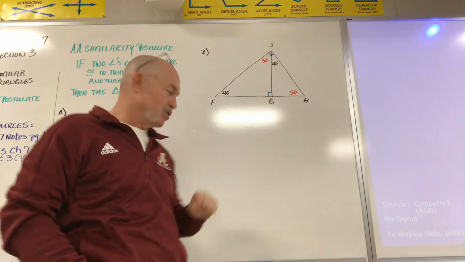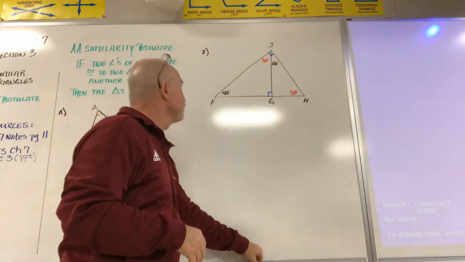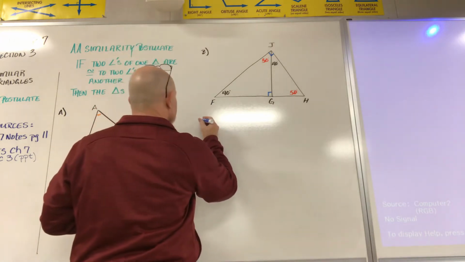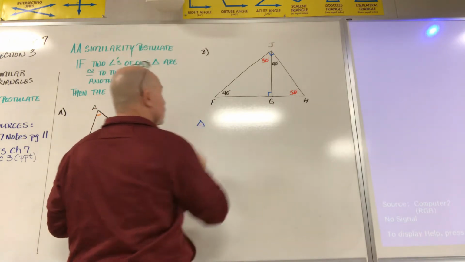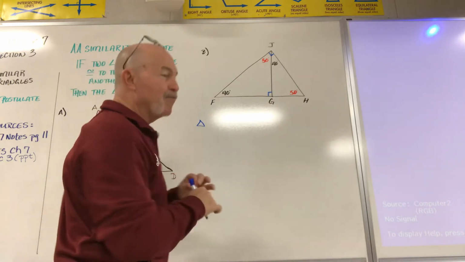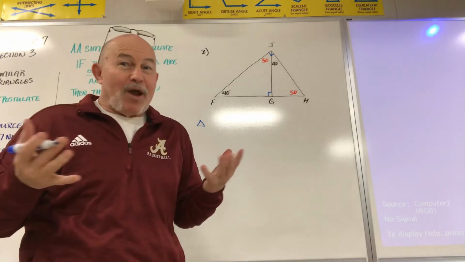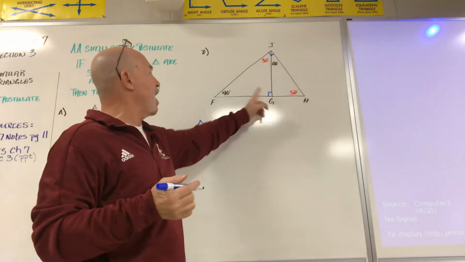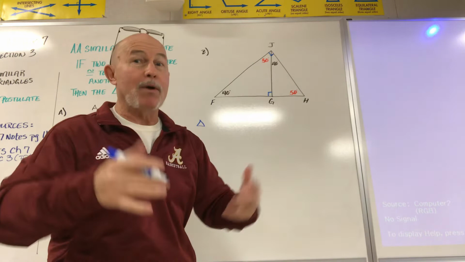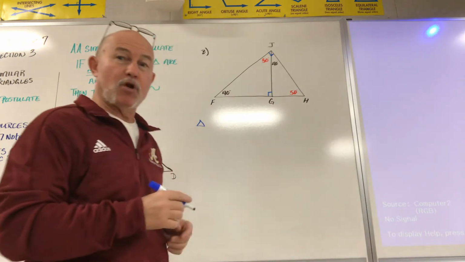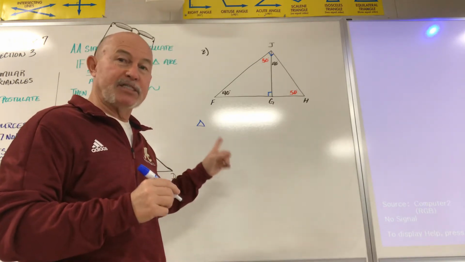Ooh, altitudes. So, what we've got. However you want to do it. I like to start with the right angles. I think it's easier. So if I go 90, 40, 50, that's how I'm going to stay with each of the triangles to write the similarity statement.